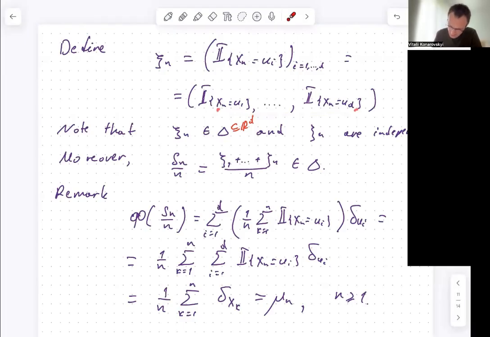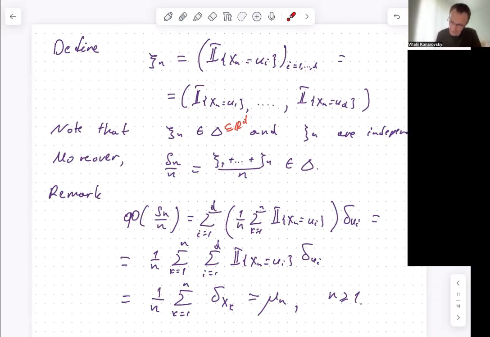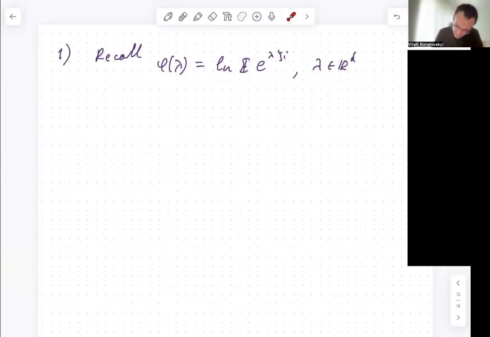They are random vectors whose coordinates are either 0 or 1. Therefore, here it is the dot product. Here, this expectation is always finite for every lambda from R^d. Yeah, it's trivial.